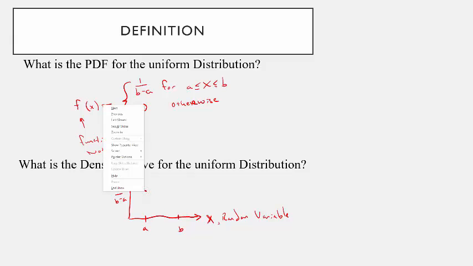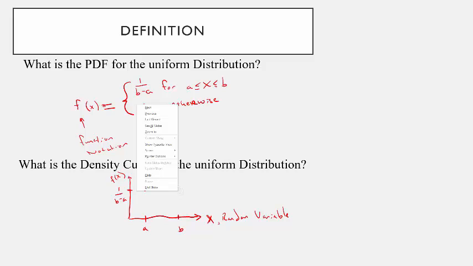So between here and here, it's just equal to 1 over b minus a. So it's just a flat horizontal line. And then once you get past b, it's just equal to 0. And once you get below a, it's just equal to 0. That's it. It's really just a horizontal line at 1 over b minus a. So f of x is equal to 1 over b minus a for x between a and b inclusive, 0 otherwise, and the density curve is just this flat horizontal line.